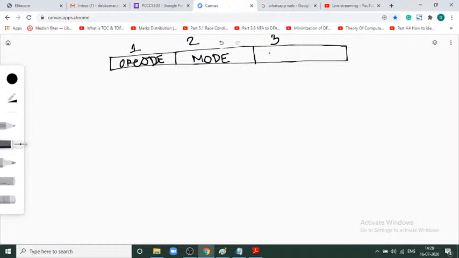Our third field name is the address field, or operand field, or register field.